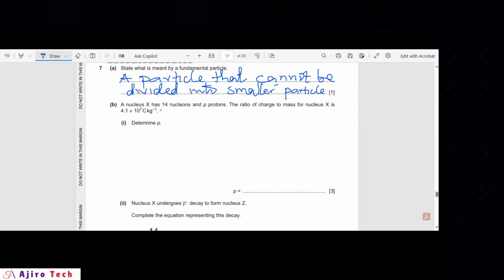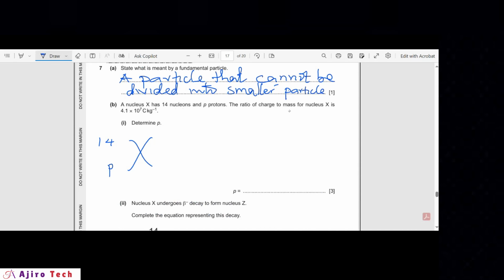Here, a nucleus has nucleons, X. So let me just use something like this as X, with 14 nucleons. Here they call it P. Fine.